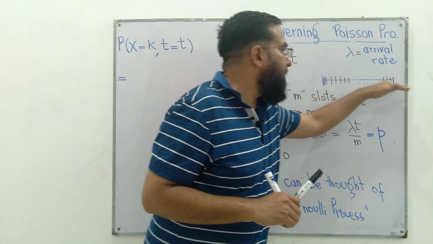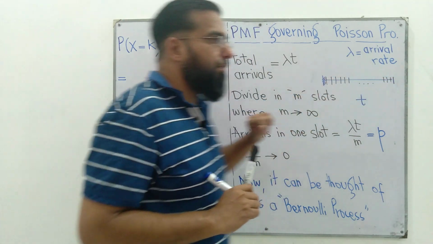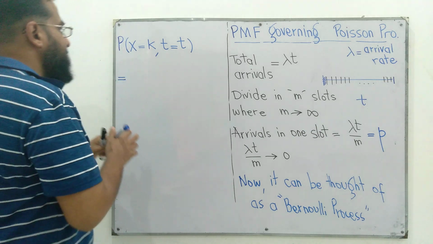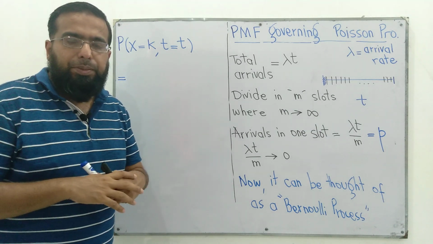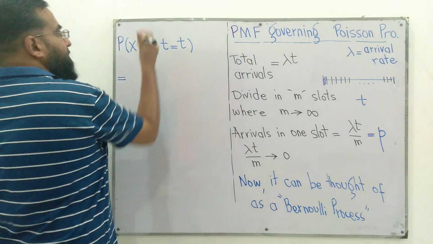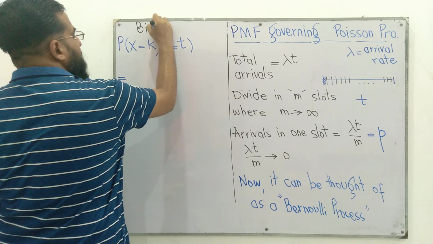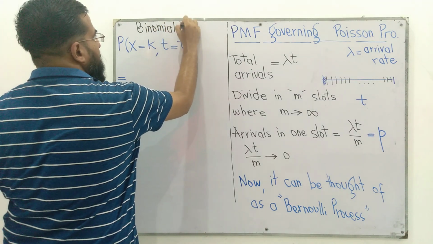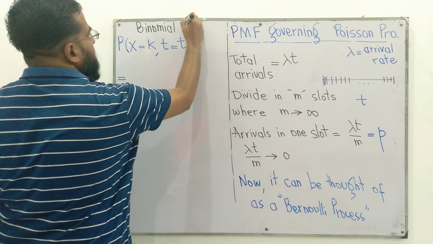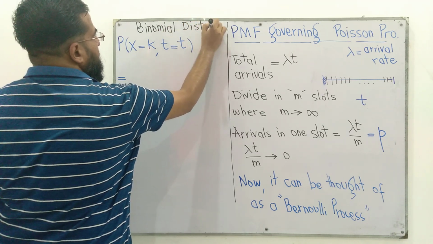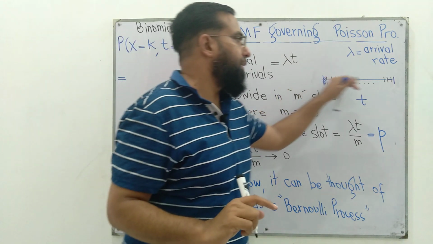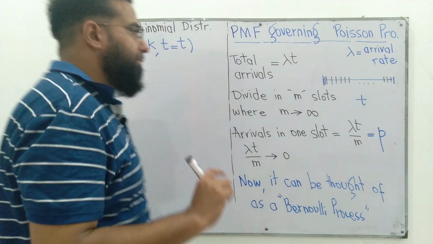In this whole span t, which is divided in m slots, we are going to compute the probability of having k arrivals. So what should we apply? Binomial distribution. The expression for binomial distribution will help us, because we want to find out k arrivals in t time.